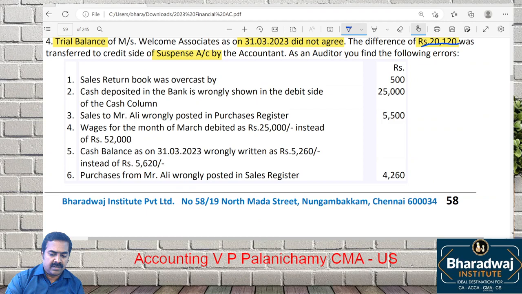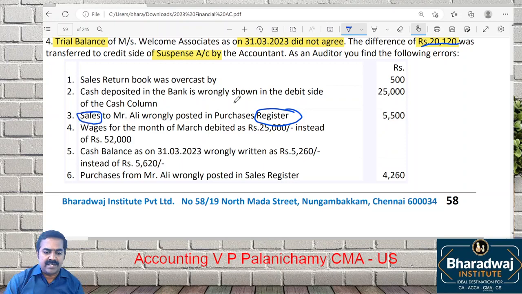Next part. Sales to Mr. Ali was wrongly posted in which register? Purchase register. Very simple. Instead of taking to the sales account, you recorded in which account? Purchases account. Is there a mistake in Ali account? No mistake in Ali account. Purchase register means purchase account.